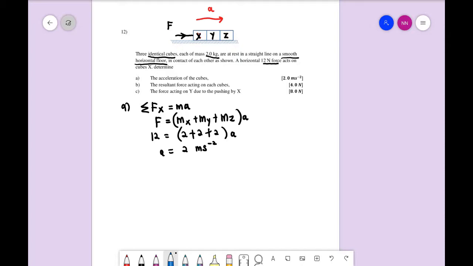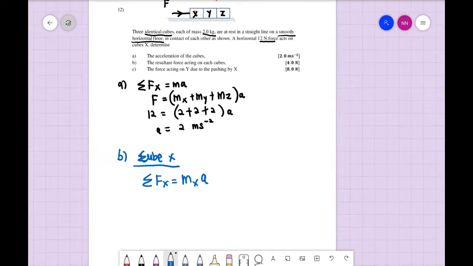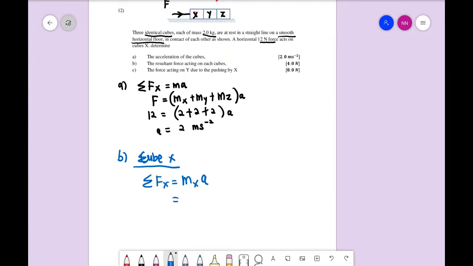Question B, the resultant force acting on each cube. Let us solve one by one. For cube X, net force equals mass X times acceleration of cube X. Mass X is 2 kg and acceleration is 2, so 4 Newton.